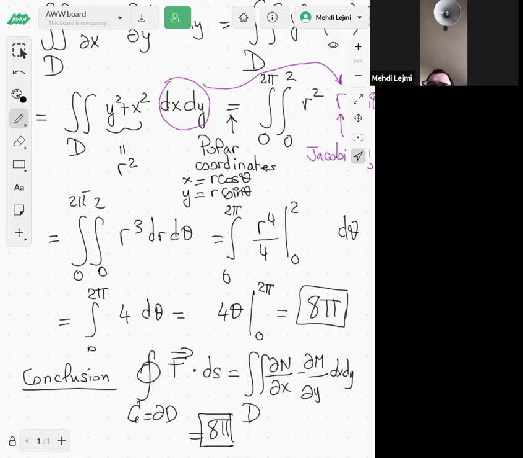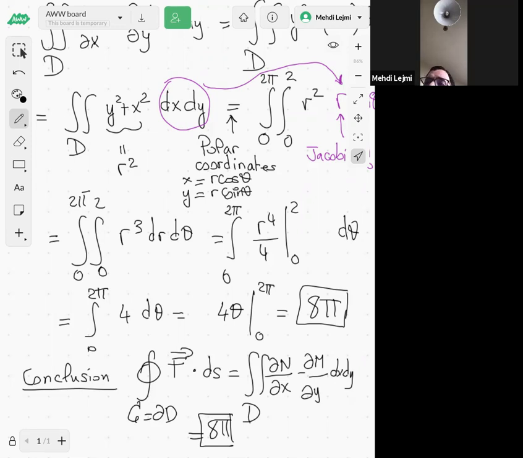As I said, we had 3 different problems. The second exercise is kind of similar to this one. Again, you have to verify Green's theorem. But it would take a lot of time to do exercise number 2, so I'm just going to do number 3, because as you can see, I spent at least 30 minutes on this first exercise.